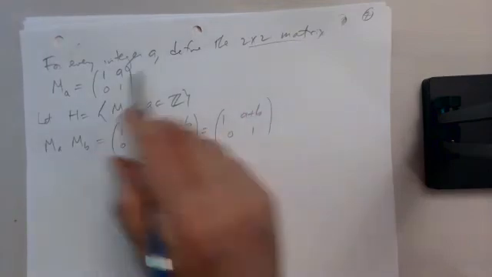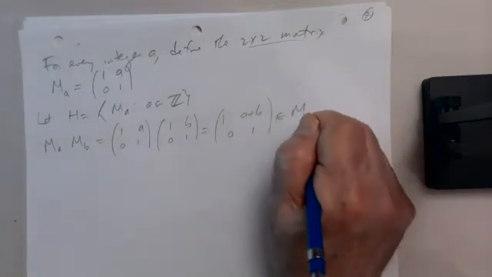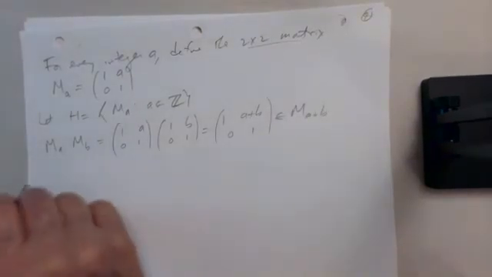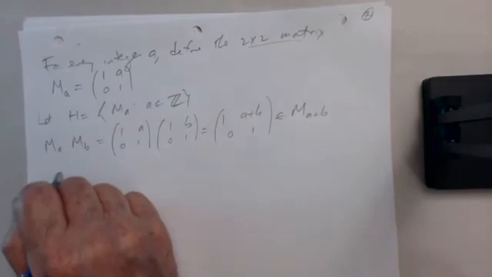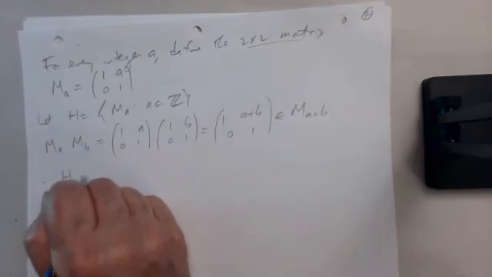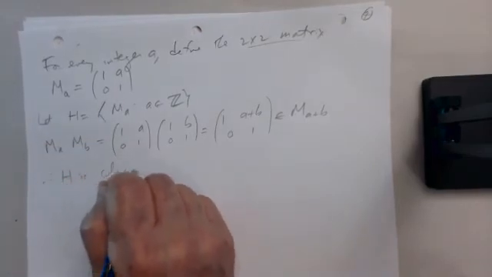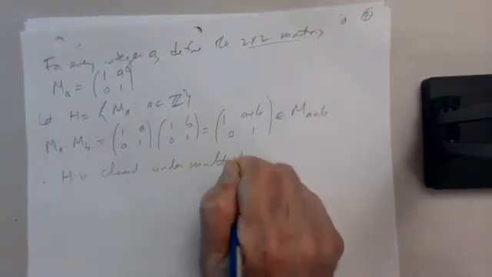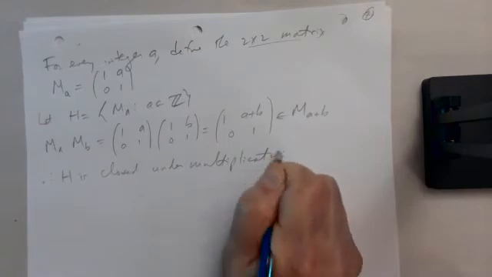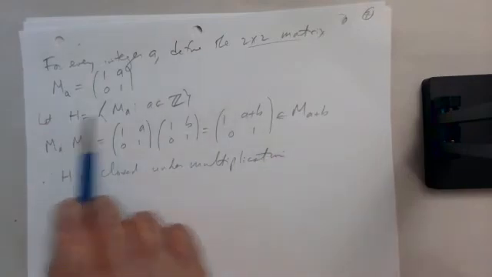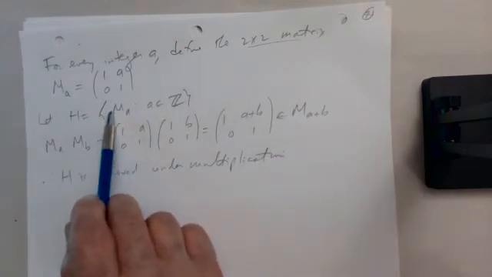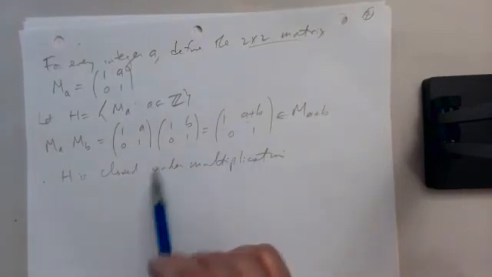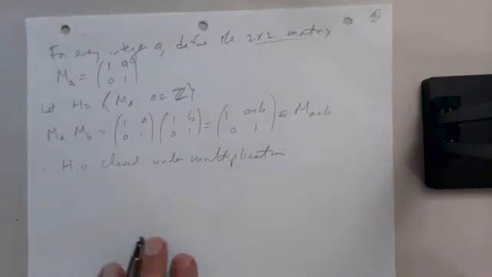But this is a matrix of this form. That's the matrix corresponding to the integer A plus B. So among other things, this says that H is closed under multiplication. So here we have a set of elements. Each element is a 2 by 2 matrix and is closed under multiplication.